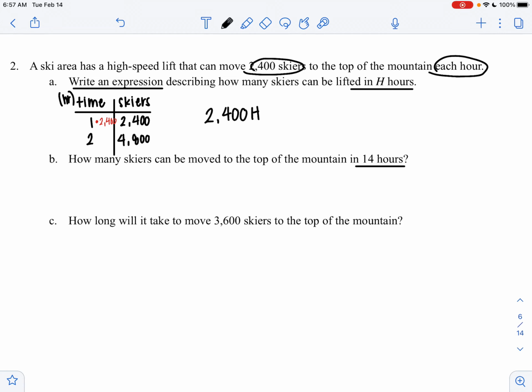All I need to do is substitute in 14 for H in my expression. 2,400 times 14, because now it's not H, it's not a mystery number. We know what that mystery number is. 2,400 times 14, 33,600 skiers.